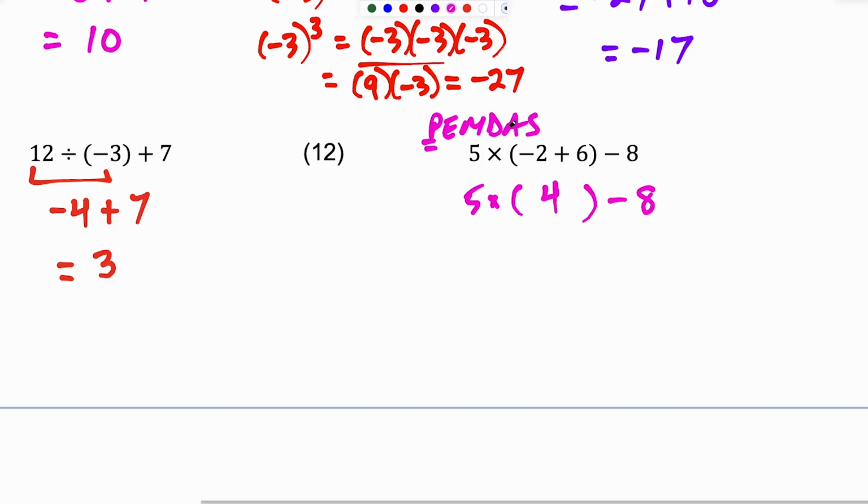And then after this, what we have is multiplication and subtraction. So notice that multiplication shows up before subtraction in this left-to-right arrangement here. So that's the operation we are going to do next. We're going to multiply. So 5 times 4 in the next line is 20, and then we have 20 minus 8. So we just work this out. 20 minus 8 is equal to 12, and that's our solution.